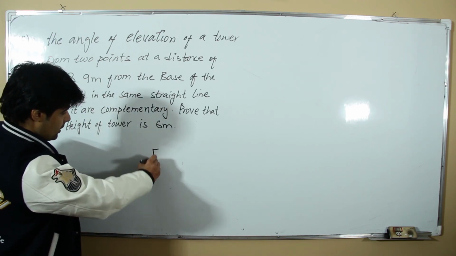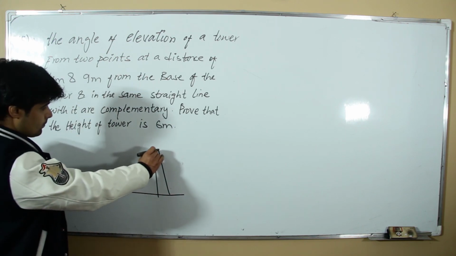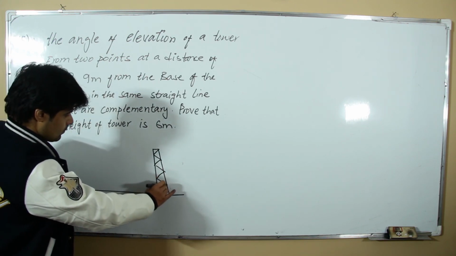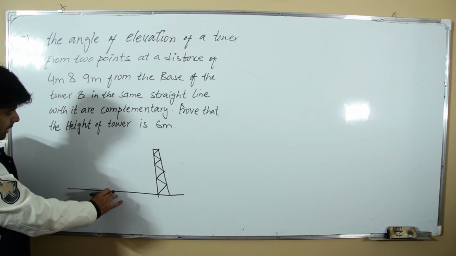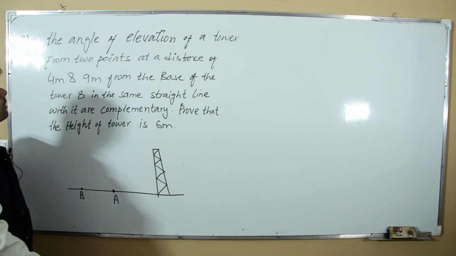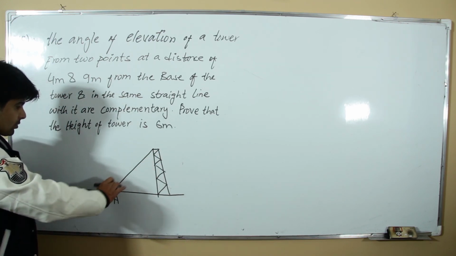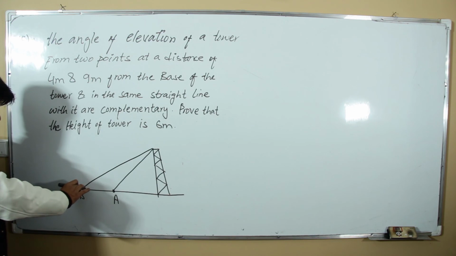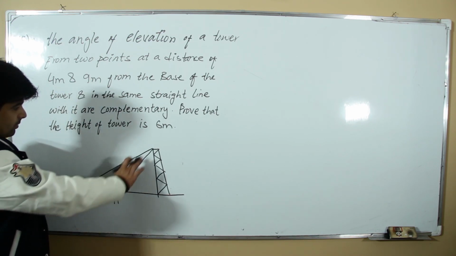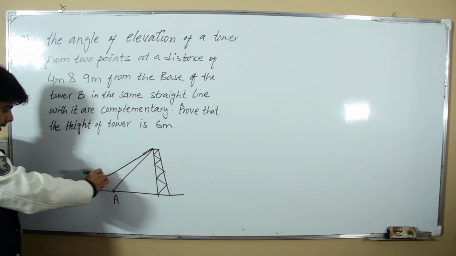Suppose we have a tower here, from 2 points. One is A, the next one is B. This is the angle of elevation for this one, and this is the angle of elevation for the next one. Am I right or not? You have to make a straight line.